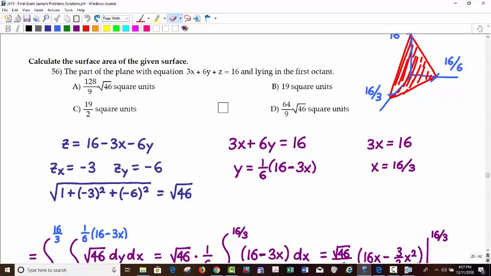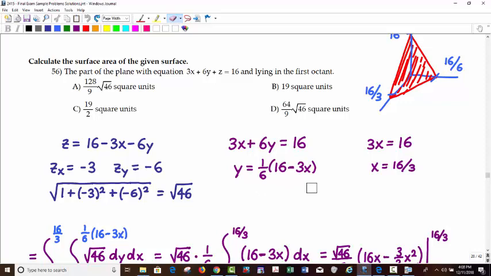So now it's a matter of whether you choose to go dy dx or dx dy. I realize there are some situations where that matters, but in this particular case, it doesn't. One way doesn't necessarily make it easier than the other. So I chose to go dy dx. In that case, I have to solve for y in terms of the variable x. So you solve for y in terms of x, you get 1/6 times 16 minus 3x.